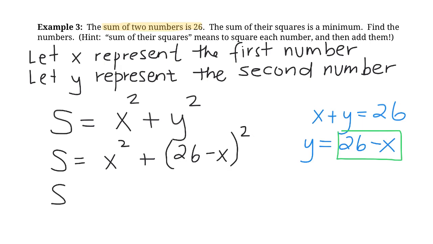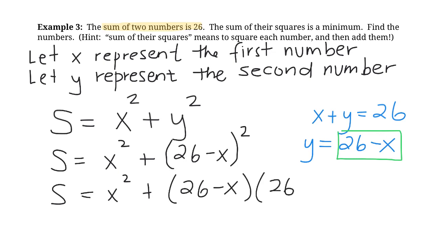And now remember, anytime you see a term being squared, that means you need to write it out twice. So we now have a set of binomials that we need to expand out. So we are going to FOIL these two brackets together.